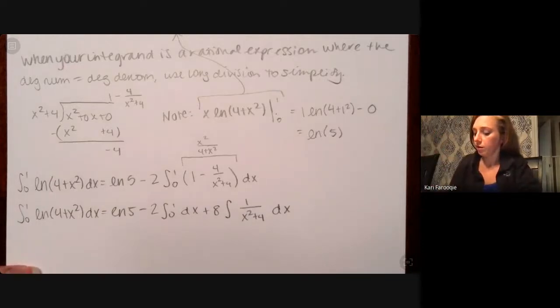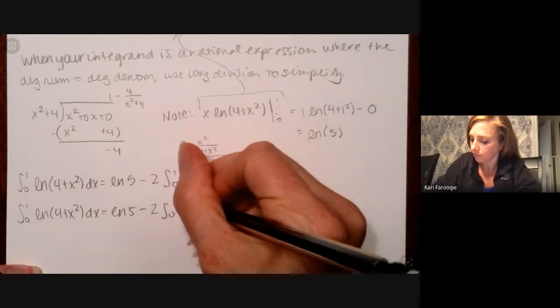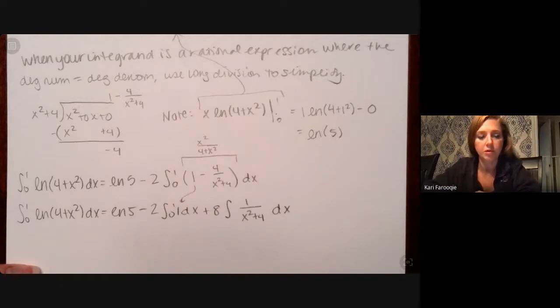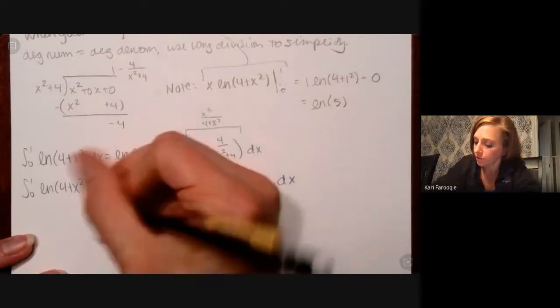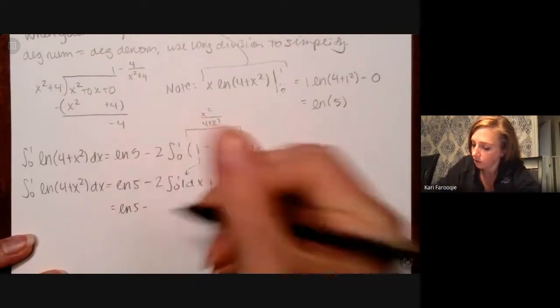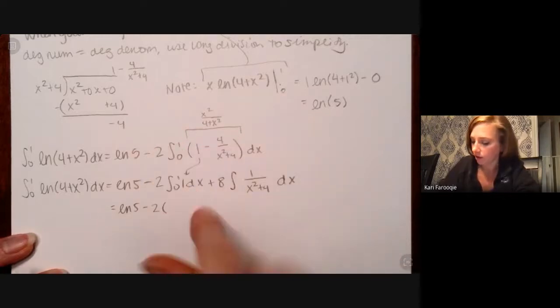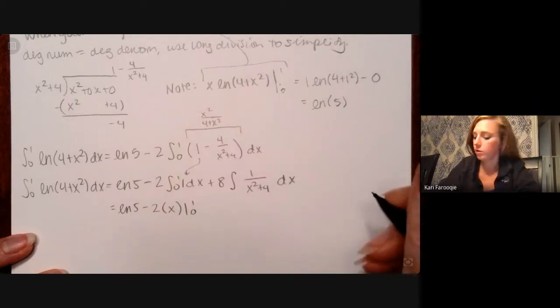Wonderful. This one we can go ahead and compute if you'd like. If the 1 being missing is bothering you, you can always pop it in there. So we have ln 5 minus 2 times the integral of 1 dx, which is x, taken from 0 to 1.